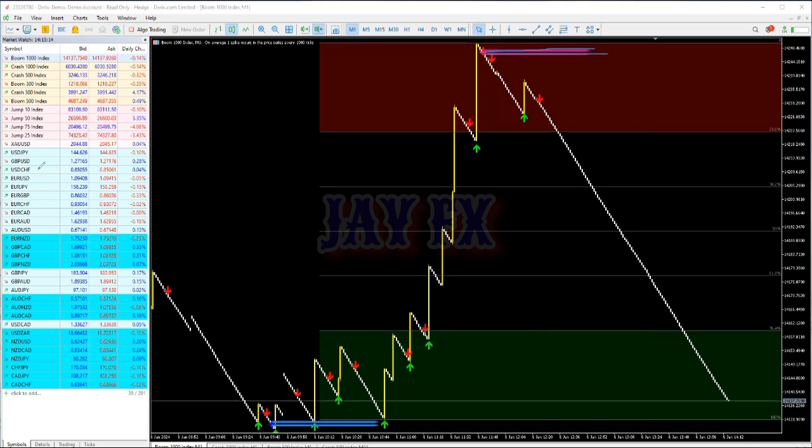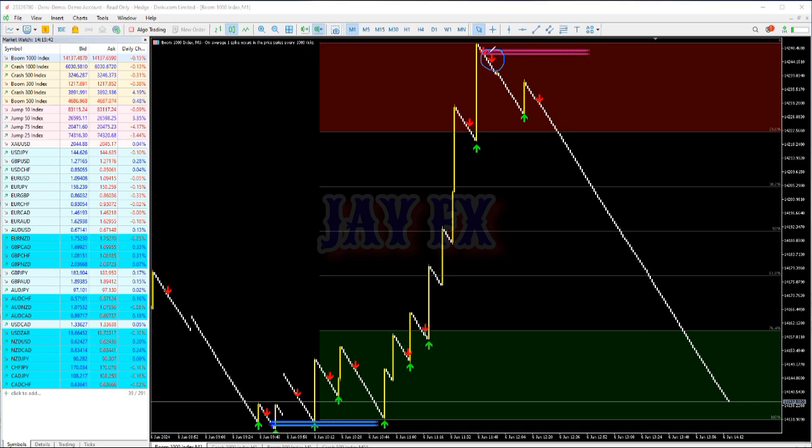After that has happened, it will give you the first arrow that comes with this confirmation or resistance. Then the market may go for a few candlesticks, 3 to 4, sometimes 5. Then it will show you a second arrow.